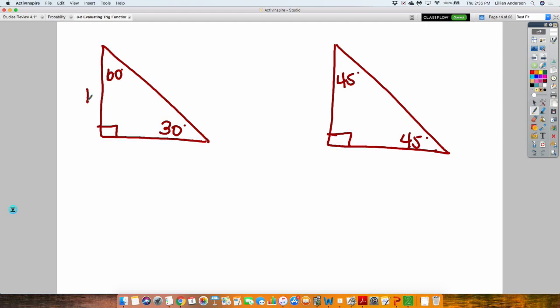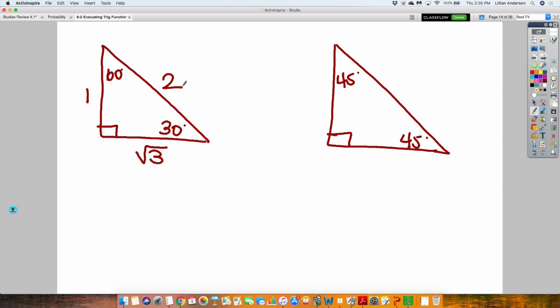The side across from your 60 degrees was labeled the square root of 3, or x square root of 3. And then your hypotenuse was labeled 2, or 2x. It depends on what version you were taught or what textbook you're looking at. But this is the ratio that compares all the sides. The hypotenuse was always twice as long as the side across from your smallest angle.